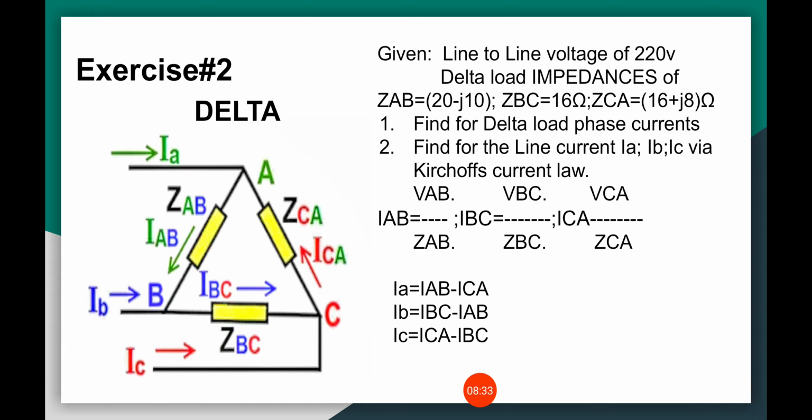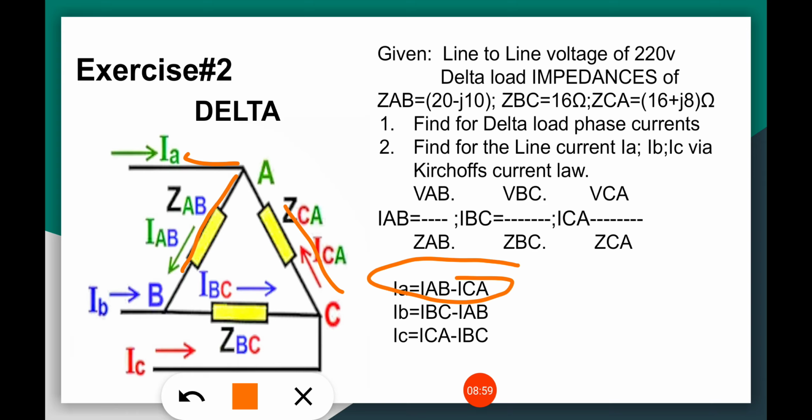Analyzing Kirchhoff's law for node A: IA plus ICA minus IAB equals zero. Transposing to the right side, IA equals IAB minus ICA, and the same with IB equals IBC minus IAB, and IC equals ICA minus IBC.